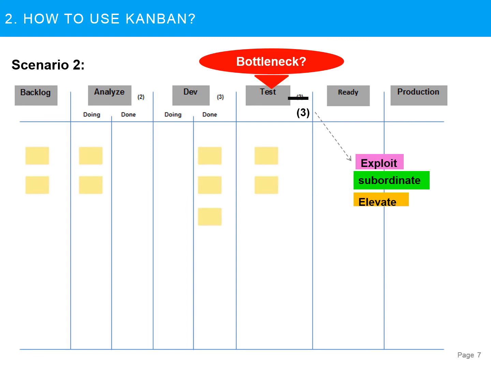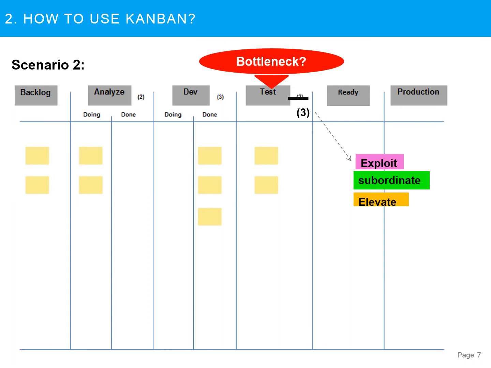I don't have any intention to talk more on theory of constraints in this video, but just to keep it simple for this example, we may ask one or two of the idle developers to come and help the testing team. That's an immediate resolution or an immediate action. This action can be regarded as exploiting the bottleneck in the process.